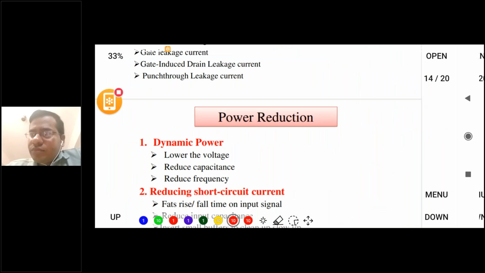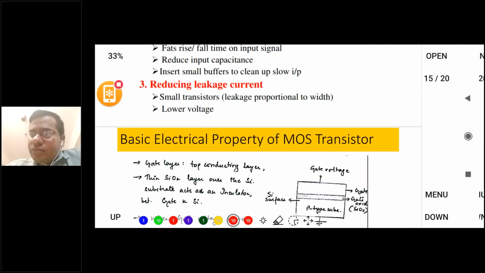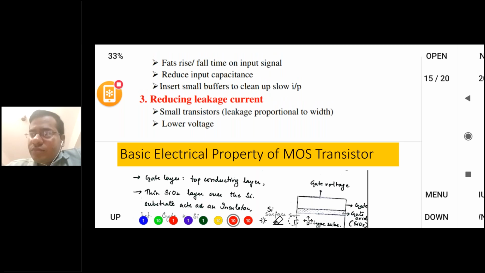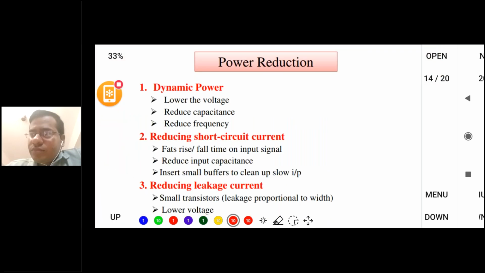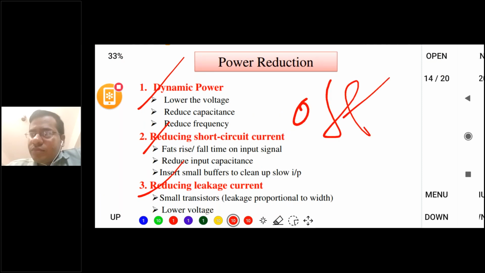So I think you understand this concept very well: what is dynamic power dissipation, what is short circuit power dissipation, and what is leakage. If a transistor is in the off condition, in that case we assume that current does not flow in the channel.